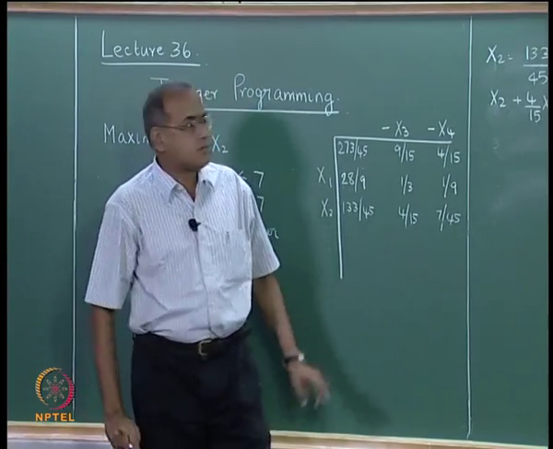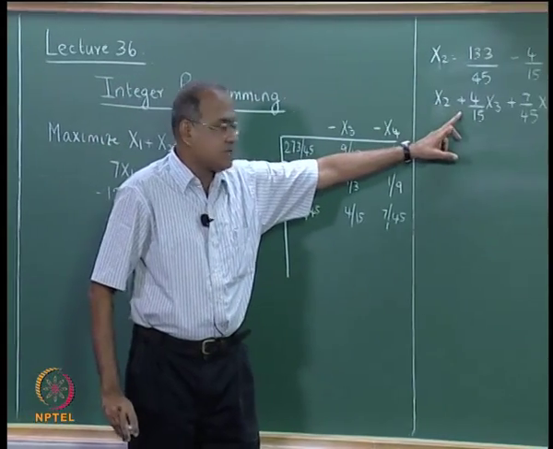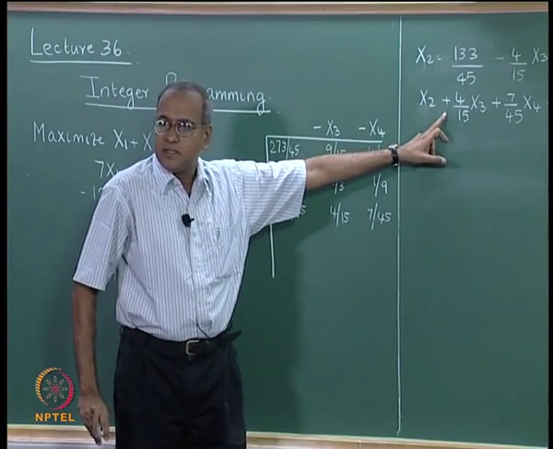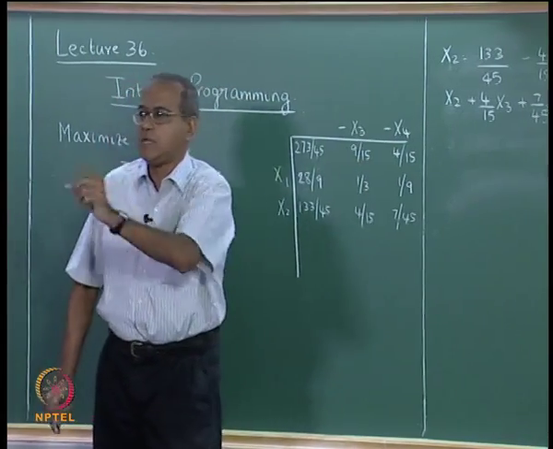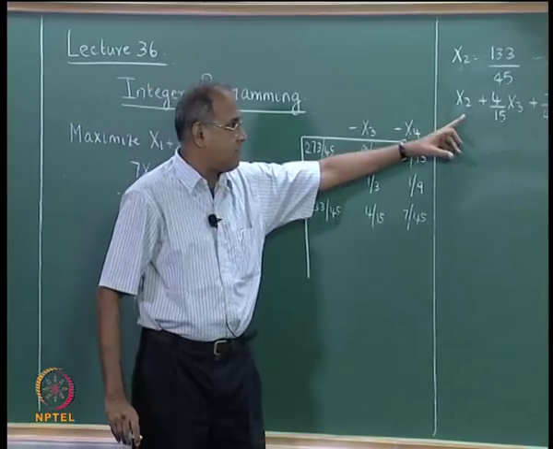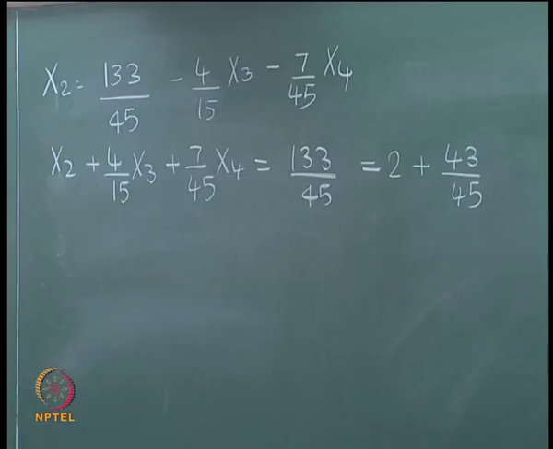Now the next question is, what happens if you have negatives? If this were minus 4 by 15 x3, then this has to be written as an integer plus a positive fraction less than 1. So if this were minus 4 by 15 x3, this will be written as minus x3 plus 11 by 15 x3.